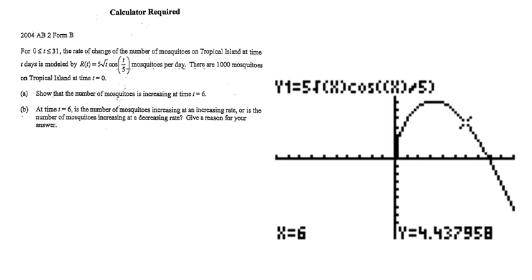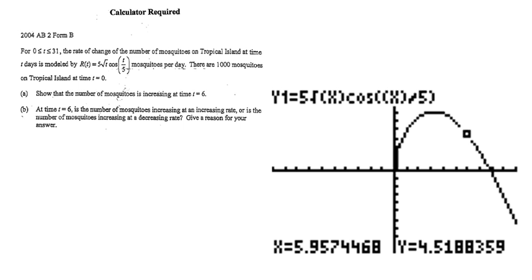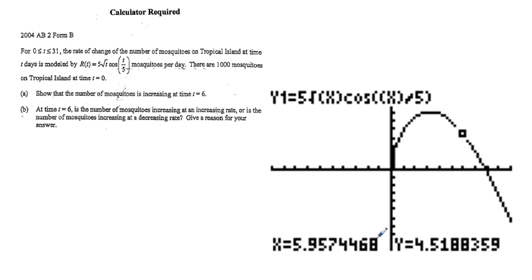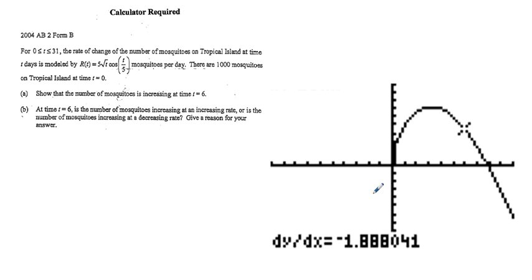We go to x equals 5.95, go to dy/dx and press that, and we get a slope of negative 1.888, which is negative. That's not exactly on 6.